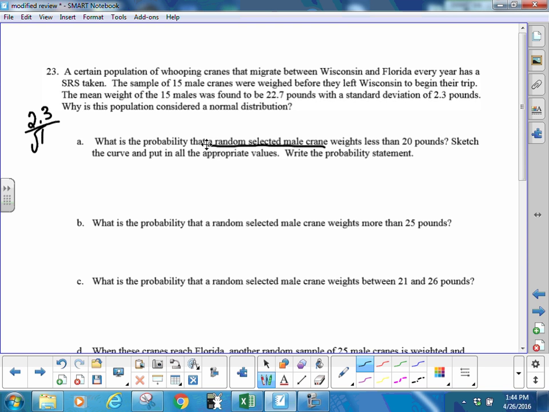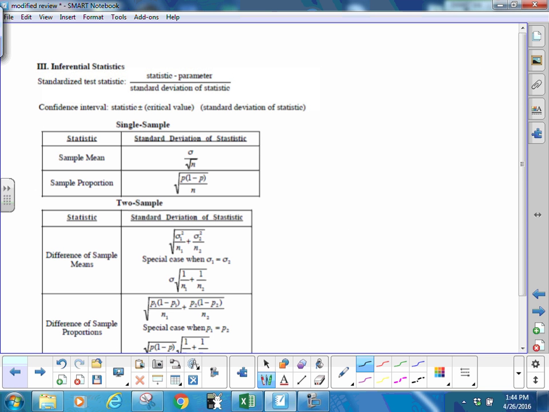So your standard deviation is still 2.3. And I want to direct you to where you can see it on your formula sheet. It's under inferential statistics, sample mean, and did you see what I did? My n was 1, so it was just whatever was listed.